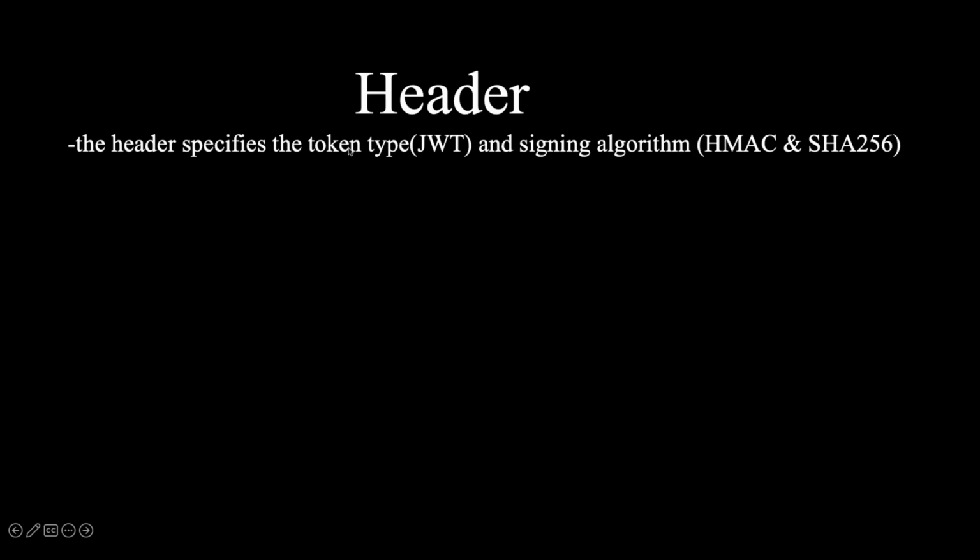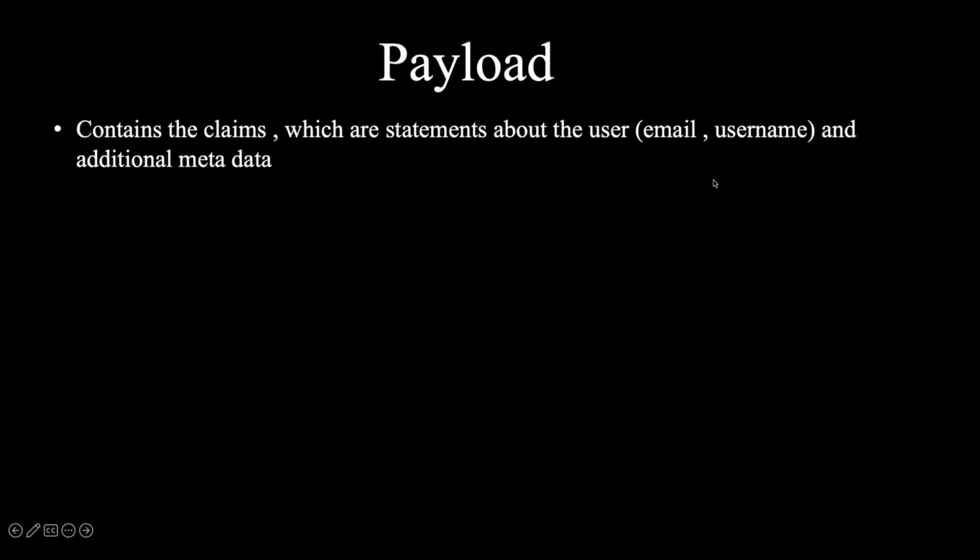A JSON Web Token contains a header. The header specifies the token type and the signing algorithm. Then we have the payload, which contains the claims, which are statements about the user, for example the user's email, username, maybe first name, last name, and also additional metadata.